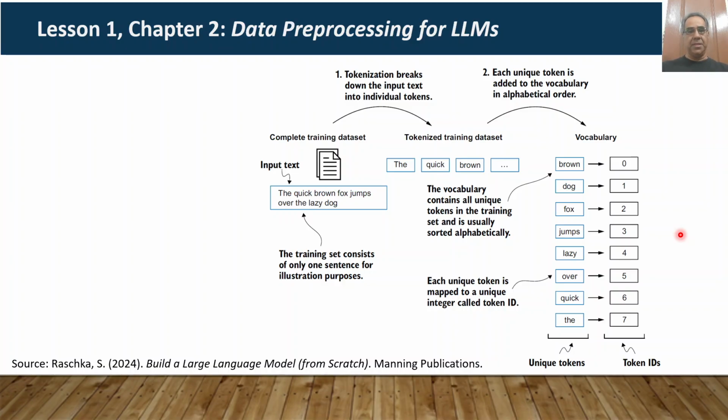As a simple instance, see this figure as shown here. The vocabulary defines how we map each unique word and special character to a unique integer.